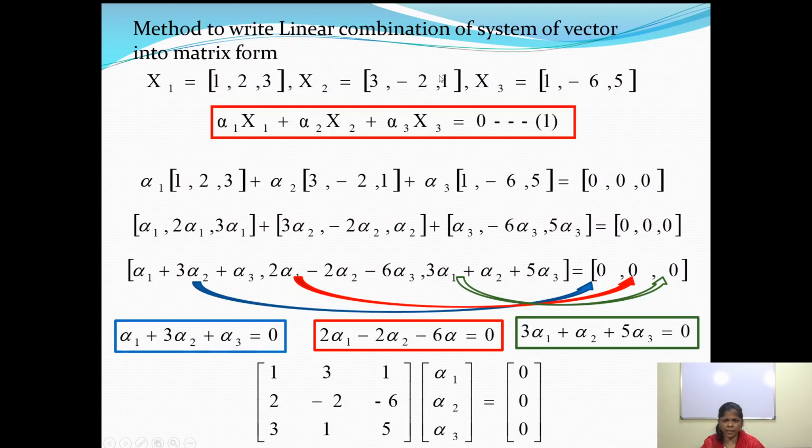Write its components as the second column, that is 3, minus 2, 1. And the third vector is 1, minus 6, 5, which will form the third column. So like this, from given vectors and a linear combination, we can directly write the matrix form of the system of equations from which we have to find the values of alpha 1, alpha 2, alpha 3, that is, the scalars. I hope this direct way of writing the given vectors into matrix form is clear to you all.